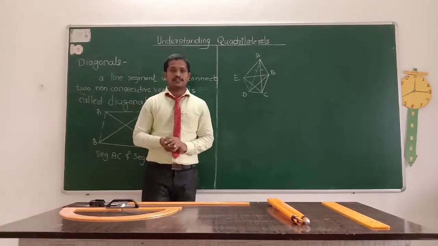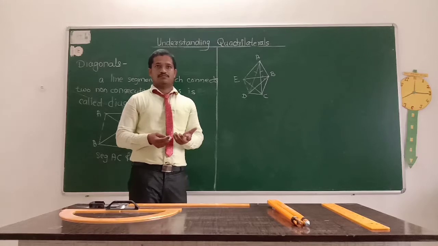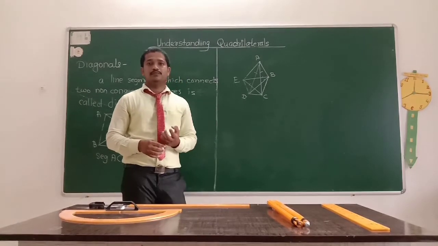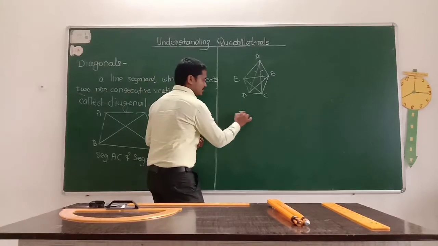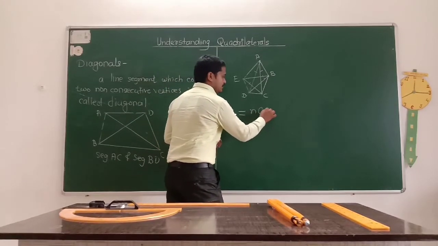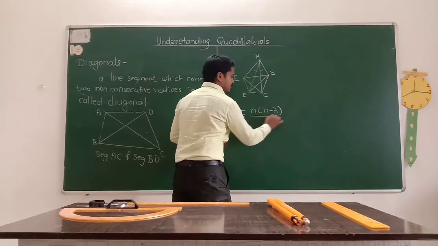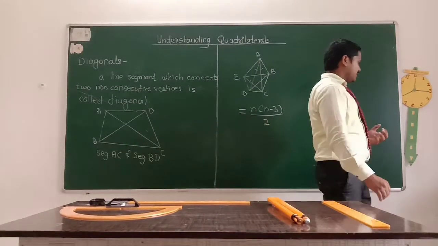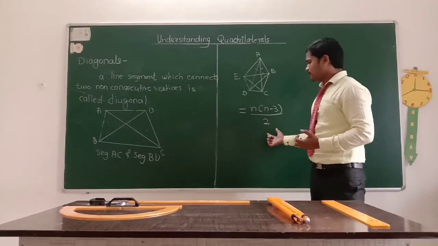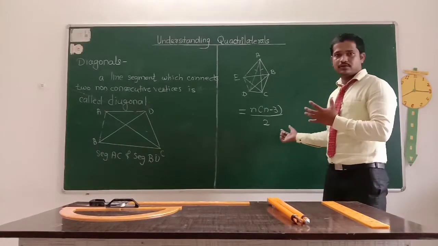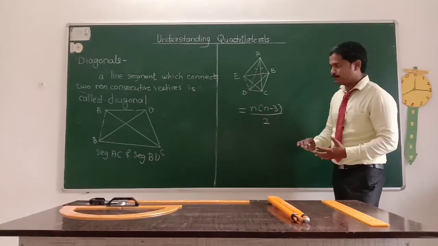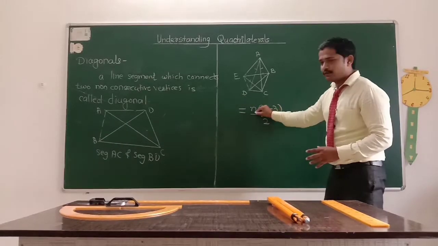Now see, here we can draw the pentagon. But if somebody asks you about a polygon with 10 sides, or a polygon with 11 sides, then how to find the number of diagonals? For that, the formula is n(n minus 3) upon 2. This is the formula for finding the number of diagonals for any kind of polygon. Let us take the example of a quadrilateral. Here n means the number of sides.